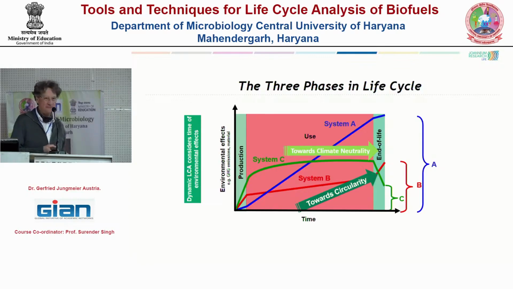So this is relevant, and then we have the case that on the very end the curve is going down. We talked about that already the day before. The green line here is the extraction of material, or the materials you need to run the system C. In the production phase, you have to extract them from the ground, so it's primary material. Then during the use phase, maybe you need some spare parts, also some material inputs.